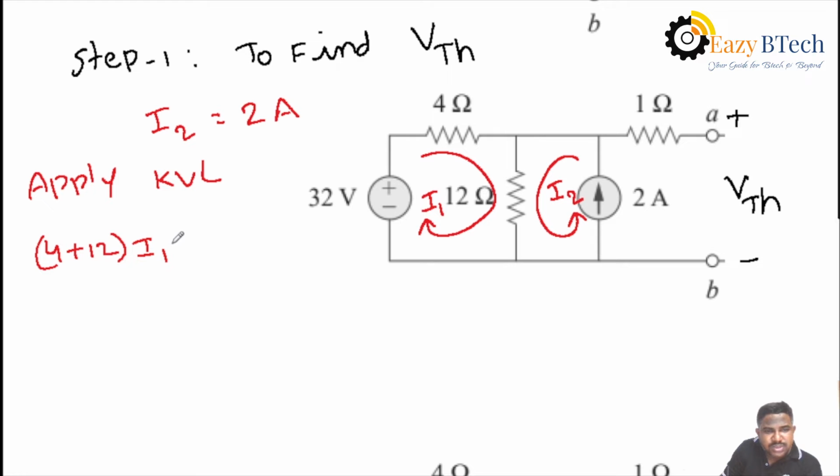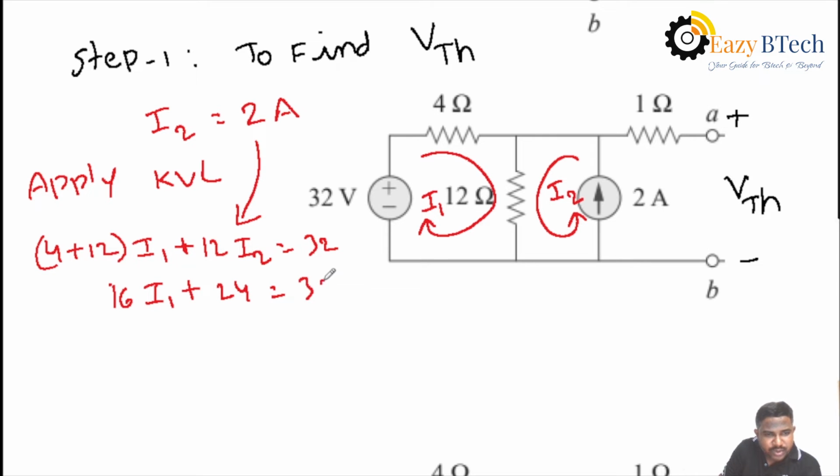Again, 12 ohms is the mutual element, and I2 is also passing through it, so plus 12 times I2, equal to the voltage source 32. We know the I2 value is 2 amperes, so replacing it, we get 16 I1 plus 24, that is 12 times 2, equal to 32.